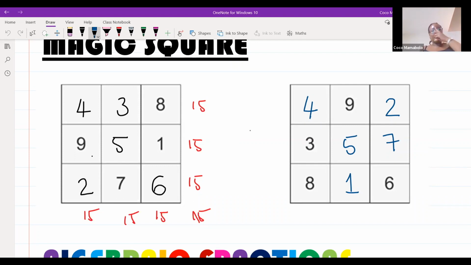Doing these kinds of questions helps with that. It helps your brain realign to get to those kinds of answers, because you're thinking a little bit outside the box with the maths. So the more magic squares you do, the more Sudoku puzzles you do, your brain thinks a little bit more outside the box, and it helps.